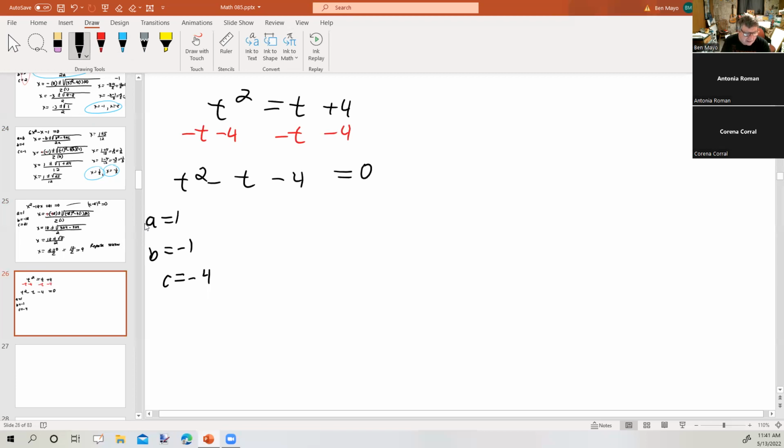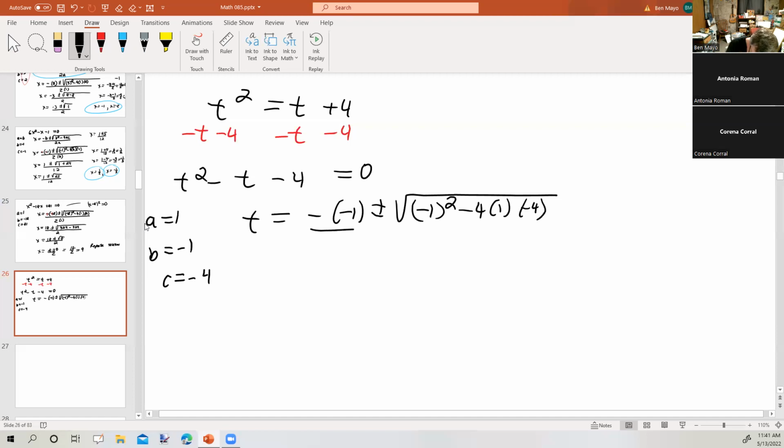Now, actually, it isn't x equals -b plus or minus the square root of b squared minus 4ac all over 2a. It's t equals -b plus or minus the square root of b squared minus 4ac all over 2a, because we're solving for t.